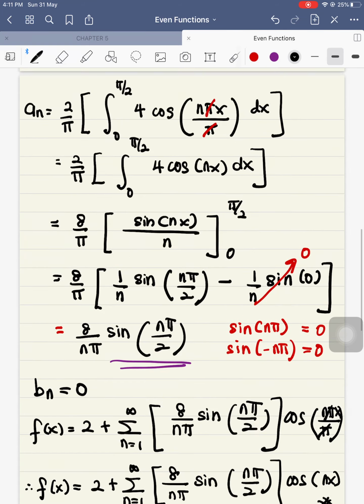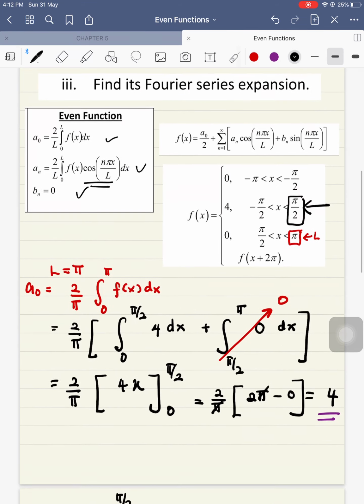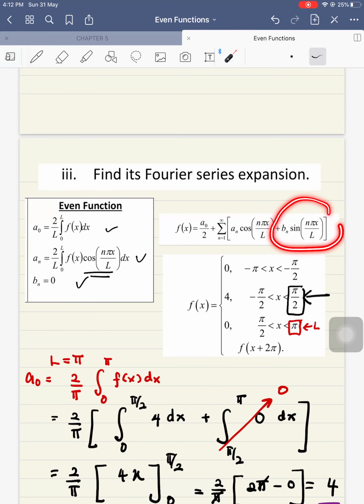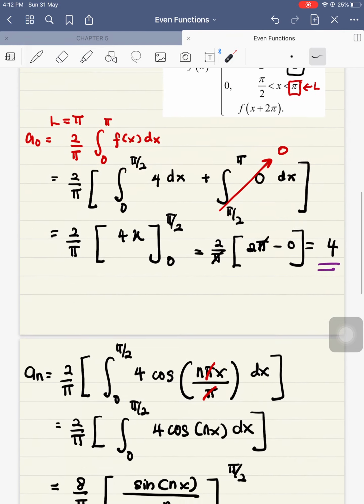That's it. Okay, because this one is already become 0 because your bn is equal to 0. So this one 0, that's why you left with only this one.